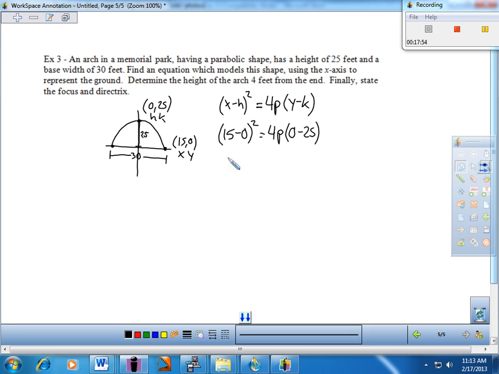Everything should work out nicely from here. 15 squared is 225. I've got my 4 times p times negative 25. Looks good. See how much I can do in my head here. I've got 225 on this side. You do too. 4 times negative 25 is negative 100. So it did talk about the position of the focus and directrix.